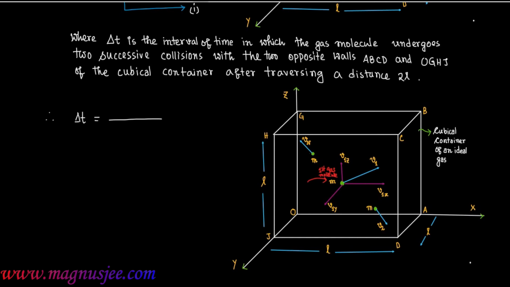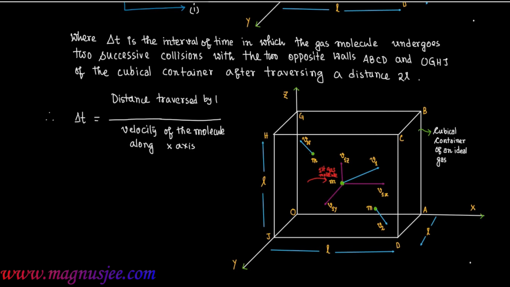Therefore, delta T is equal to the total distance traveled by the first gas molecule when it undergoes two successive collisions divided by the velocity of this gas molecule along the x-axis. In the numerator we should have the distance traversed by the first gas molecule between two successive collisions with the vertical walls ABCD and OGHJ respectively.